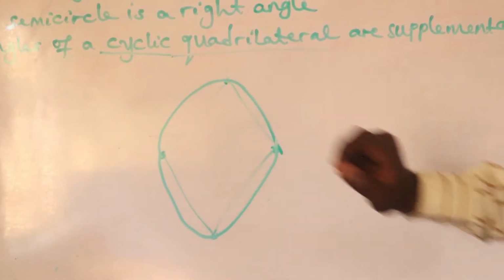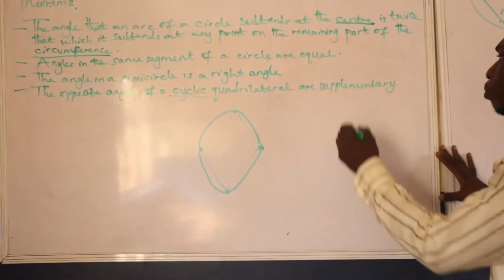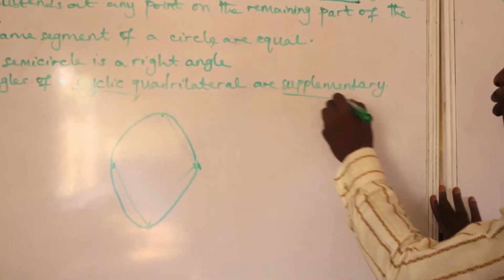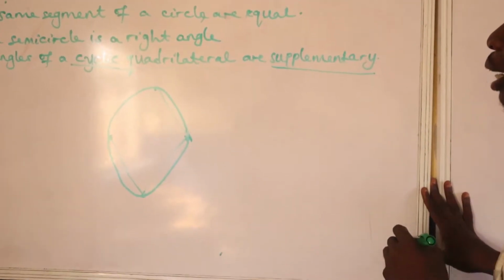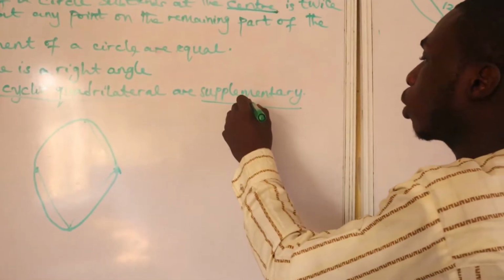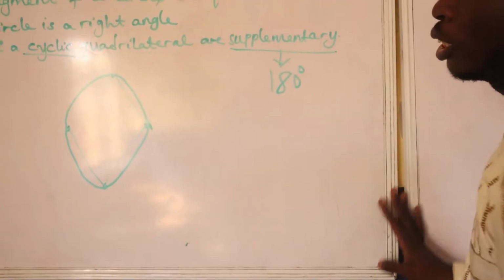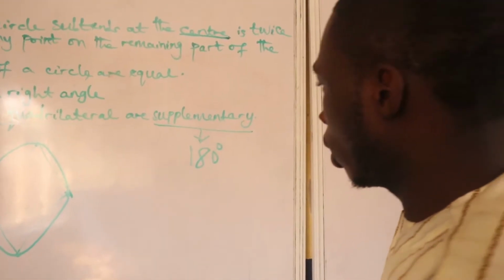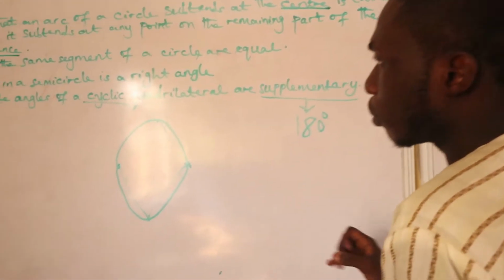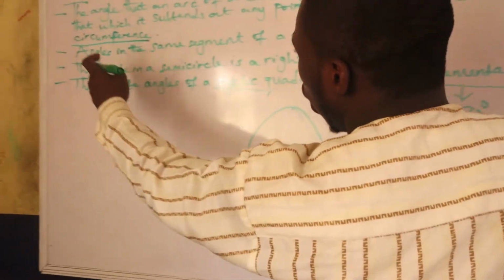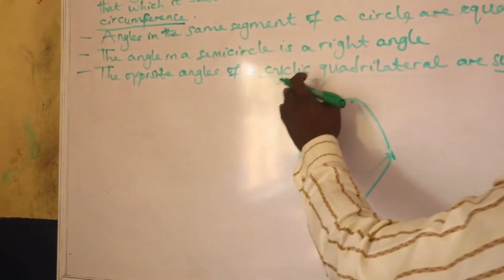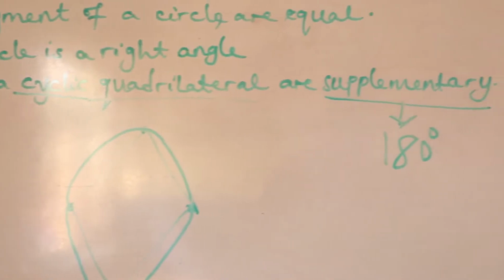So a cyclic quadrilateral is a quadrilateral in a circle. And when they say angles are supplementary, mathematically, supplementary angles are angles that add up to what? To make 180 degrees. Now, the theorem says that the opposite angles of a cyclic quadrilateral are supplementary.